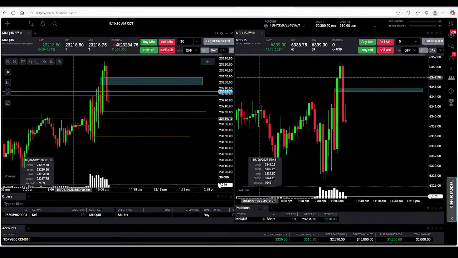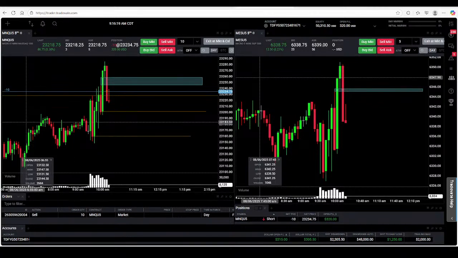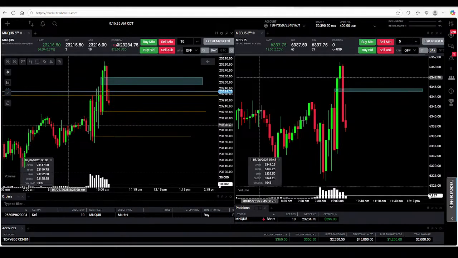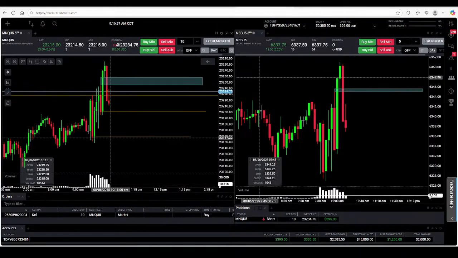That basically gives me a 30-point move. And then we look for a close below here. We'd then target actual intraday lows.